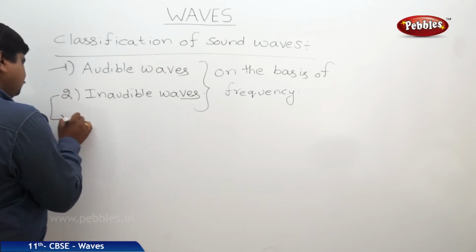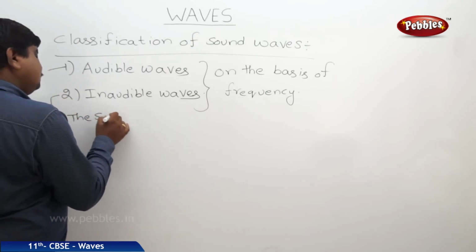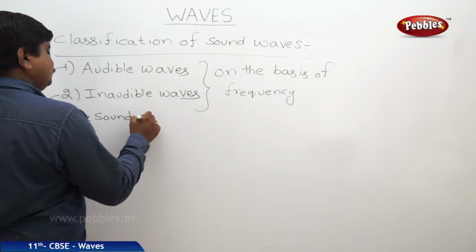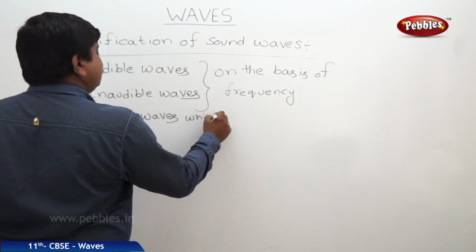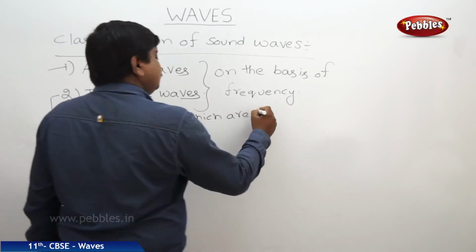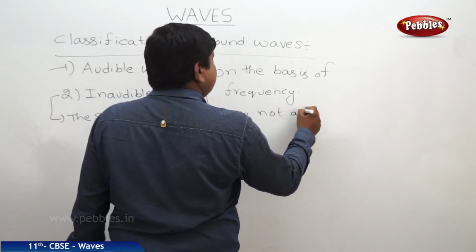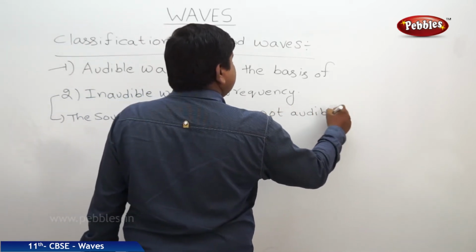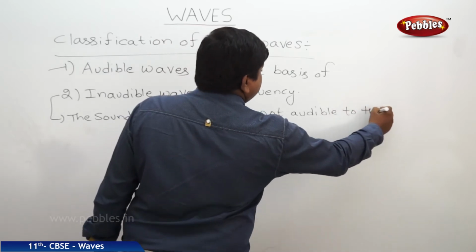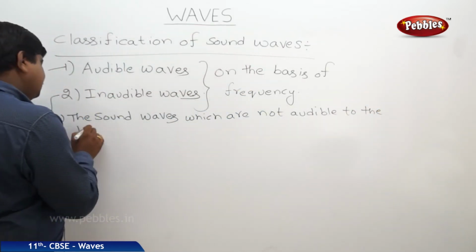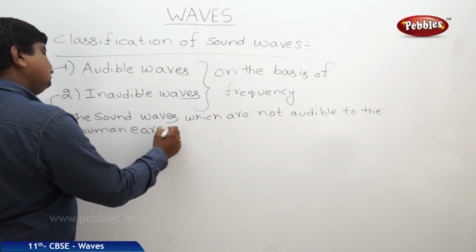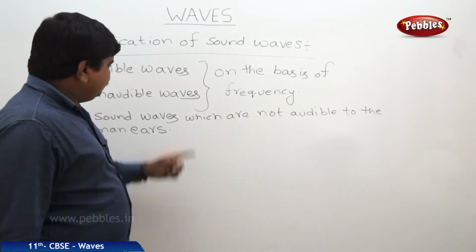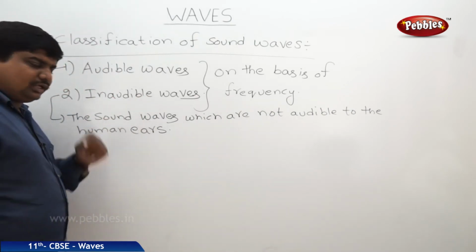So the sound waves which are not audible to the human ears are classified into two types.